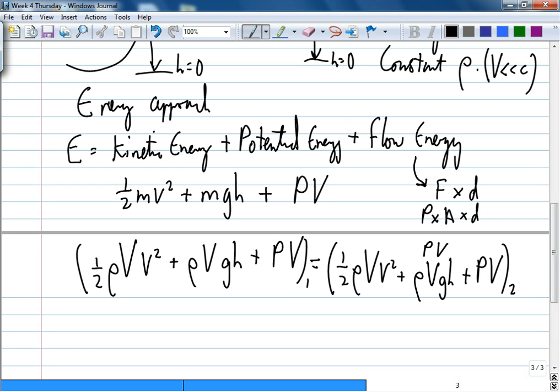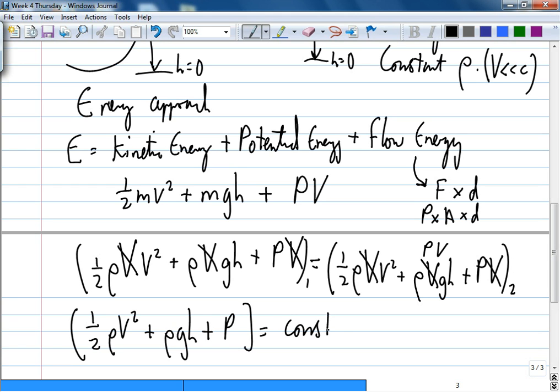So I can cancel this off. Okay or not? So I can say half rho v squared plus rho g h plus P equals constant along the streamline.